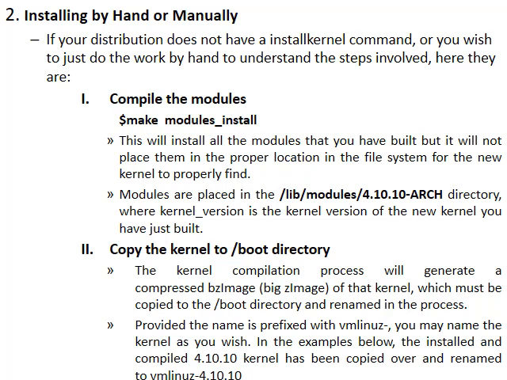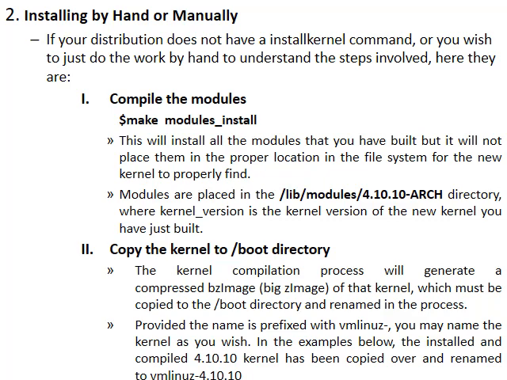For doing the thing manually, the first command is make modules_install. That will install the modules that you have built, but it will not place them in the proper location. In the previous slide, we have seen particular directories where the setup files are placed automatically. These are required to be placed by the user in the case of manual or by hand installation.